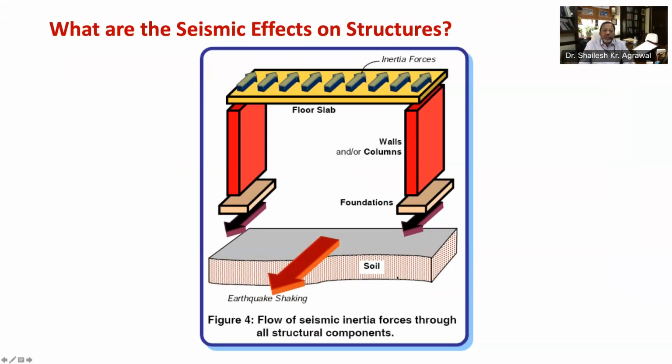Therefore, each of the structural elements, that is floor slab, beams, walls, columns, foundations, and the connections between them must be designed to safely transfer these horizontal inertia forces through them to the ground. That is the philosophy of flow of earthquake forces.